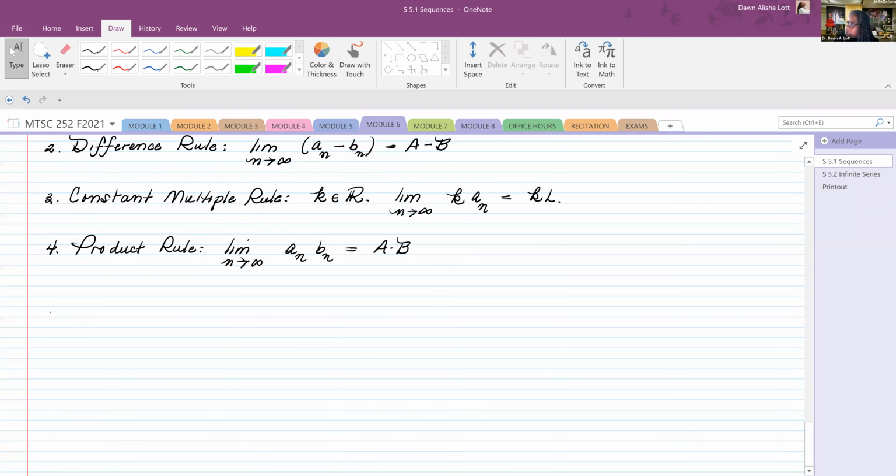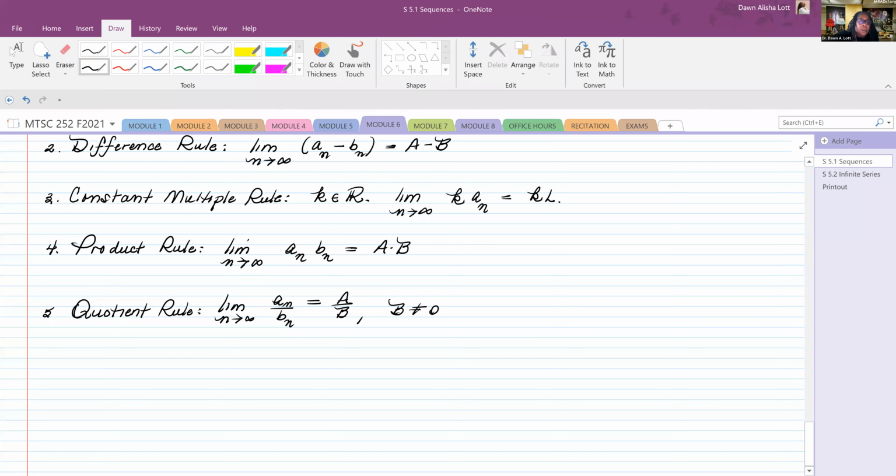And then the quotient rule: the limit as n approaches infinity of a sub n over b sub n equals A over B, provided B does not equal 0.